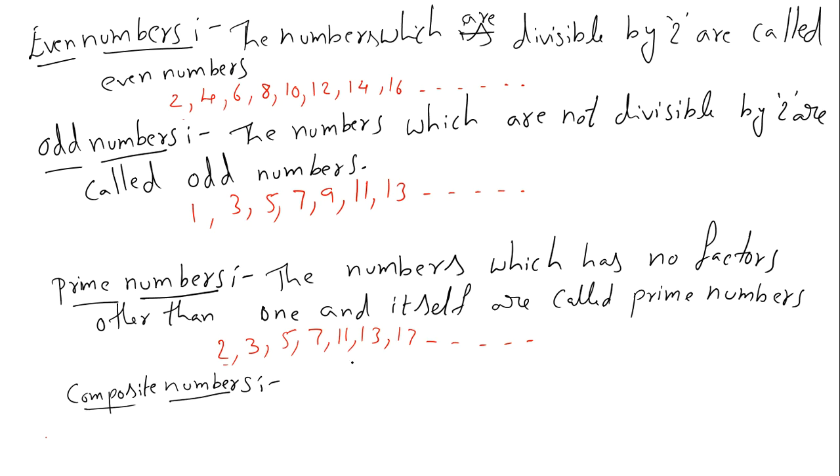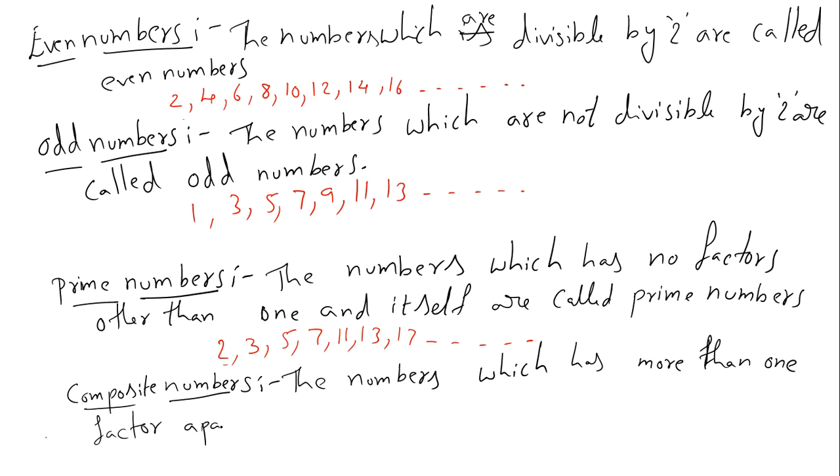The numbers which have more than one factor other than 1 and itself are called composite numbers.